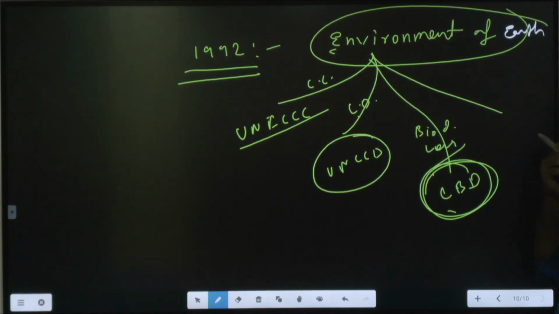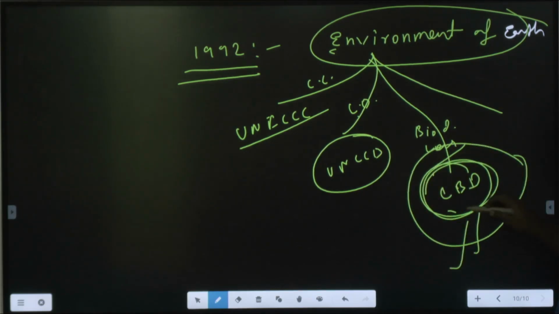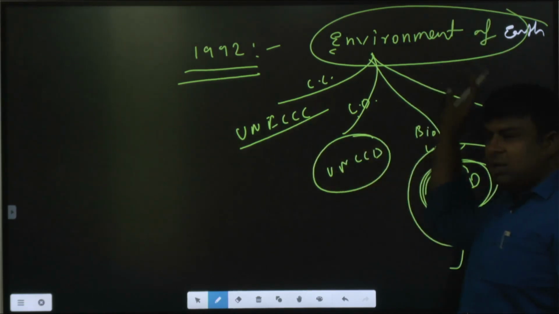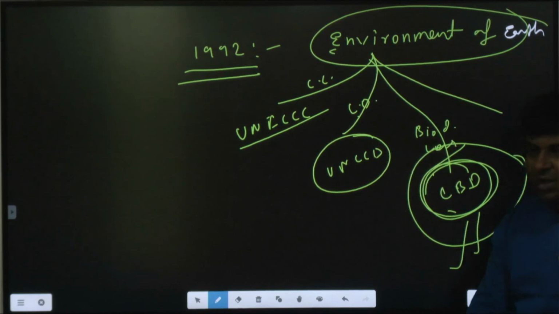Since we are in the chapter of biodiversity, I will restrict myself within the boundary of CBD only. But in next segments or chapters, we will surely talk about the other dimensions, right?